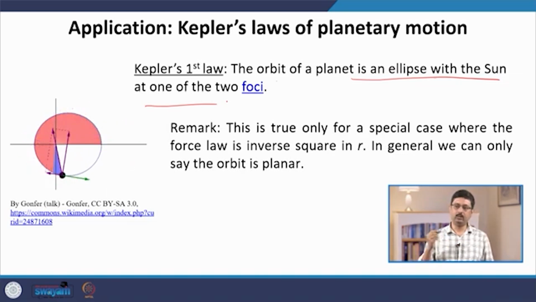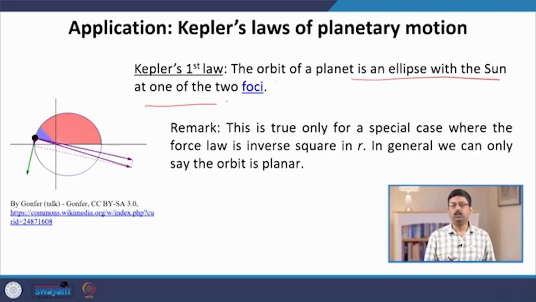In general it could have some complicated trajectory, but no, it always moves in the same plane. This is consistent with Kepler's first law, because an ellipse is an orbit in a plane. We can only say that the orbit is planar. So, Kepler's first law contains more information. It in fact says that the orbit is an ellipse.